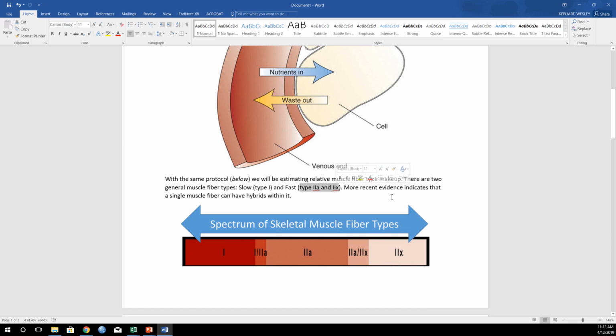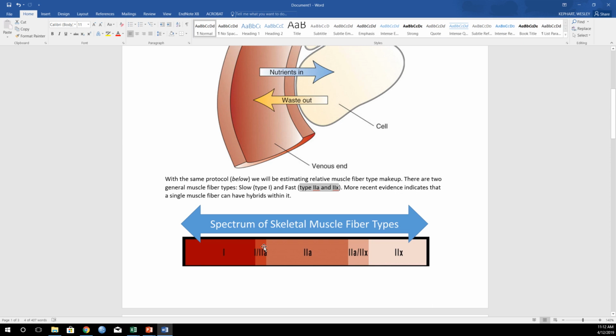But something I wanted to point out here, for a long time, we figured, and this is likely still the case, that a muscle fiber type was dictated by the motor neuron that was innervating it. So, like the part of the peripheral nervous system making that muscle contract, that really dictated what the muscle fiber type was. But it seems like we can have some fiber type shifts.